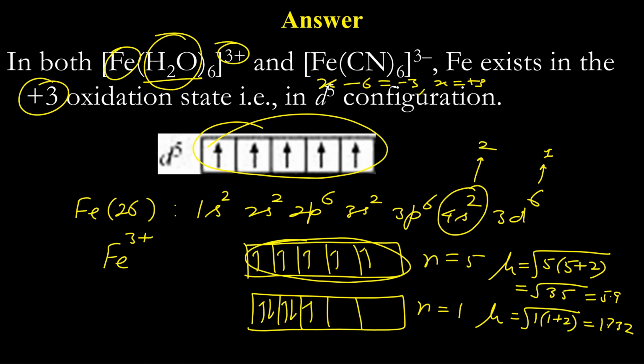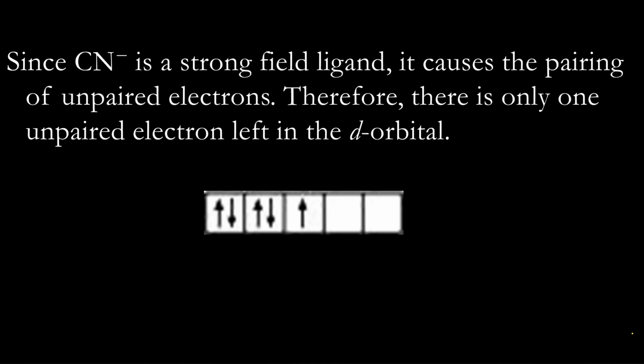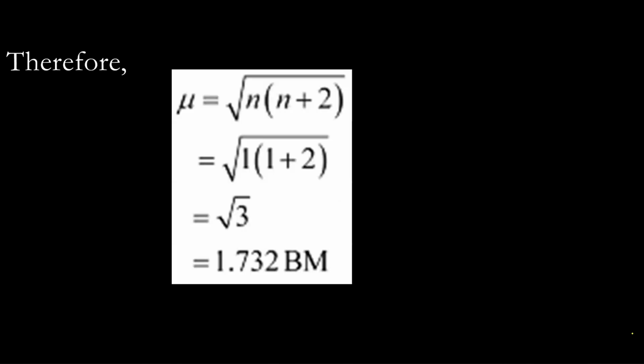Clear? So paramagnetism will be very high in case of [Fe(H2O)6]3+, less in case of [Fe(CN)6]3-.